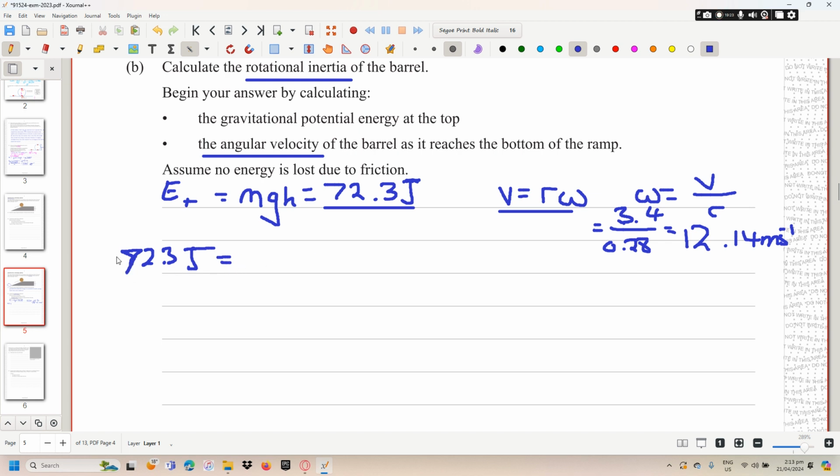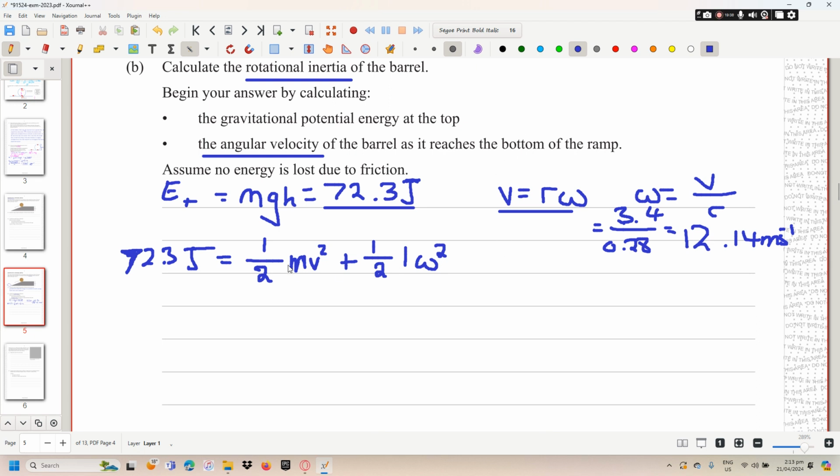Which means that the 72.3 joules is equal to linear kinetic energy, half mv squared, plus rotational kinetic energy, which is half Iw squared.